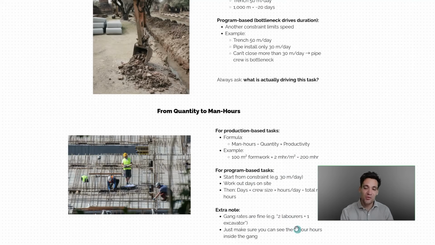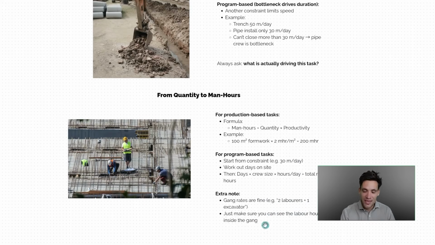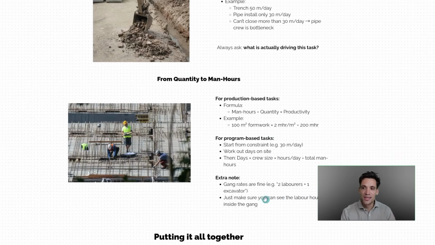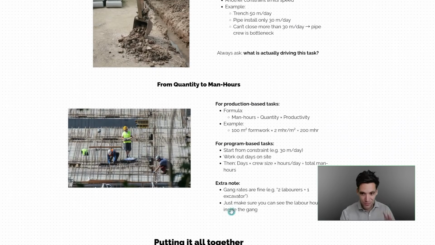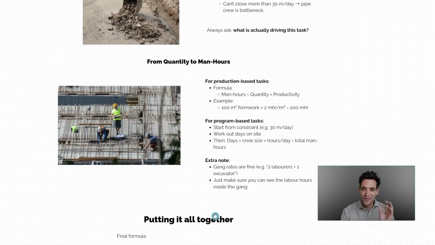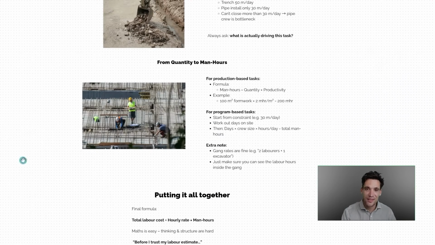So for example, trenching, we might have 2 laborers and an excavator. We would build up the combination of 2 laborers and an excavator, whatever that would cost per hour, and that would be the rate we use. So for example, 50 meters per day, say it's 20 days, that would be 40 man days because we have 2 laborers. Again, simple concept, but you just have to pay attention that you're accurately calculating all this stuff.